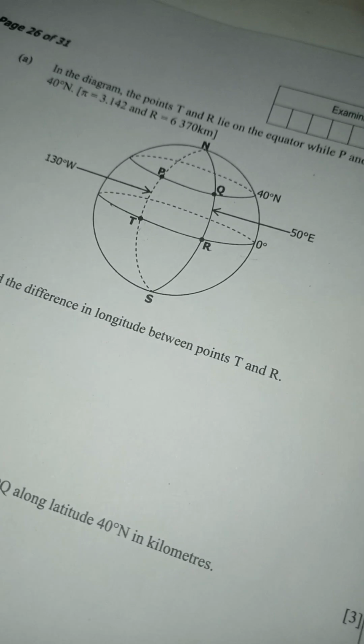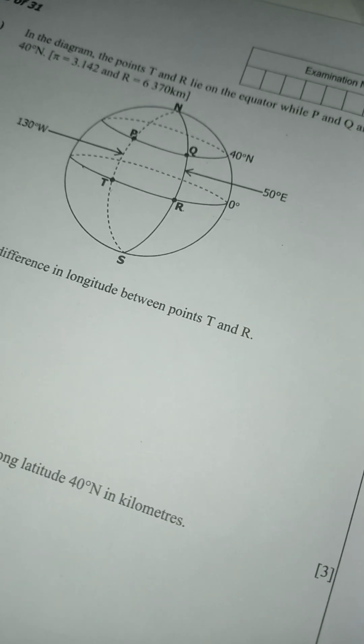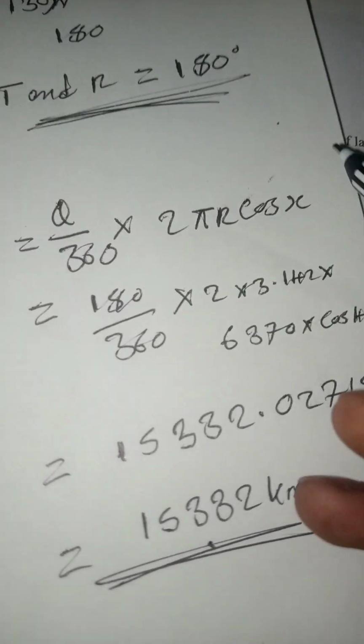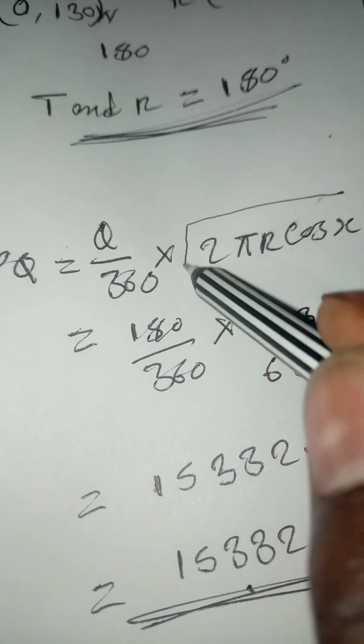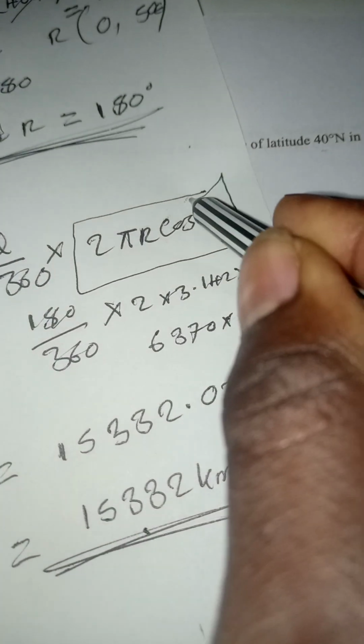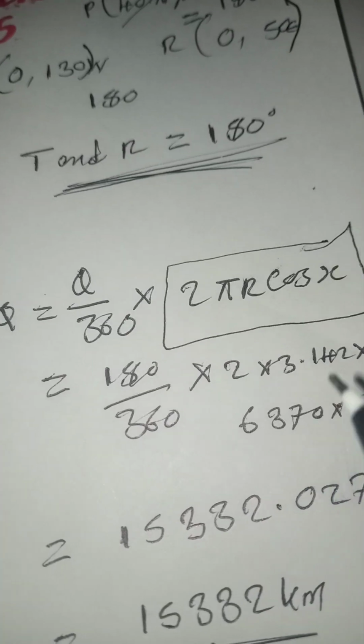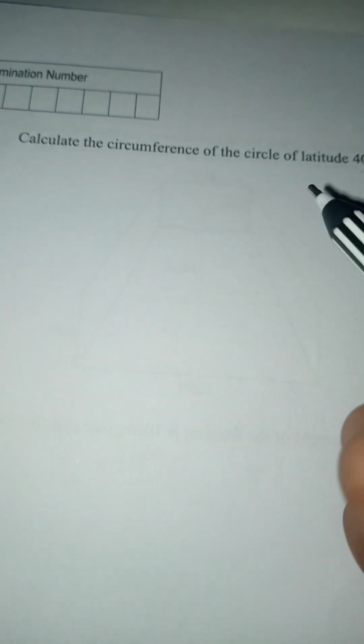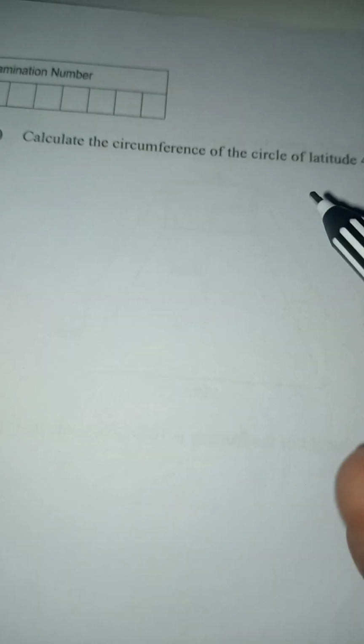We are going to go to where there is 40 on the latitude. So this is our formula that we are going to use to find the circumference of the circle.